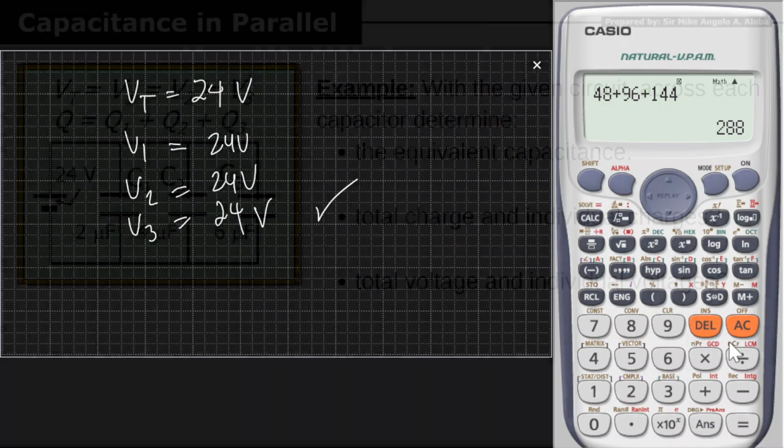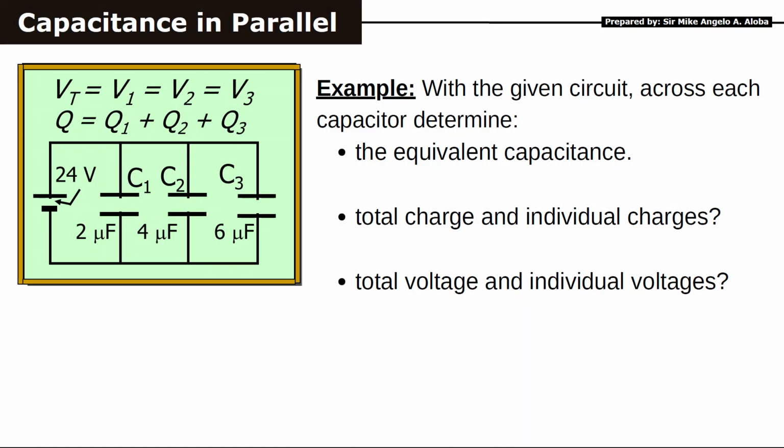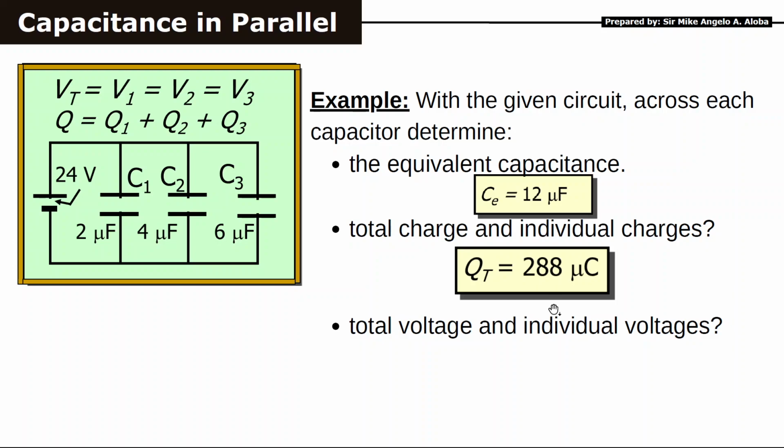So let's proceed to the presentation. Back again. Alright. 12 microfarad. Ayan, tama naman yung ginawa natin, di ba? So, 12 microfarad is the equivalent capacitance. Total charge is 288 microcoulombs.